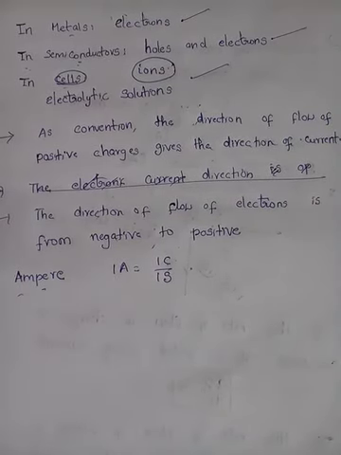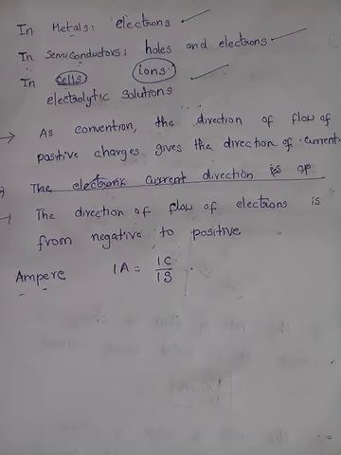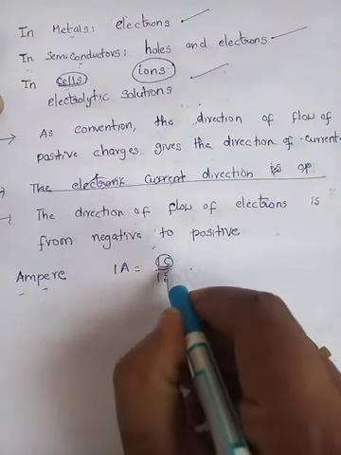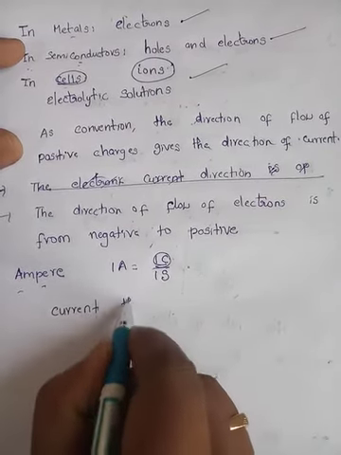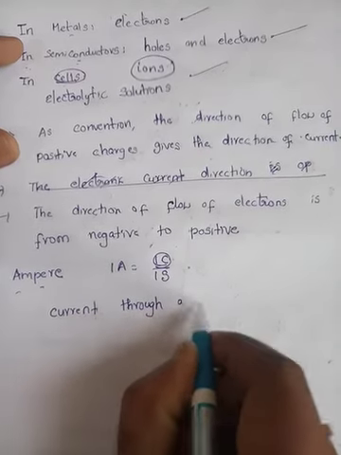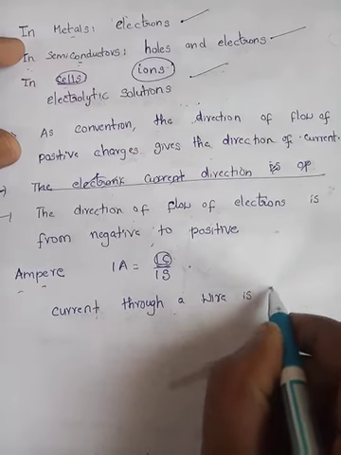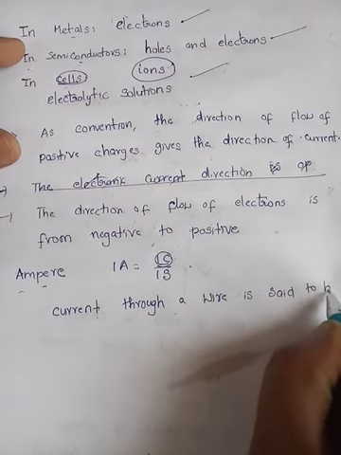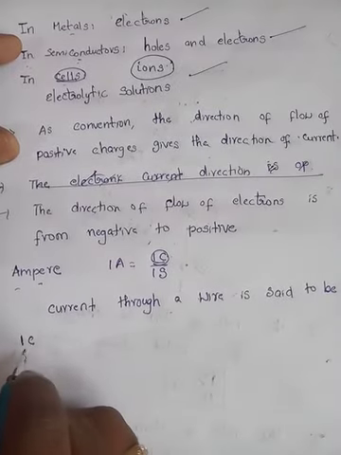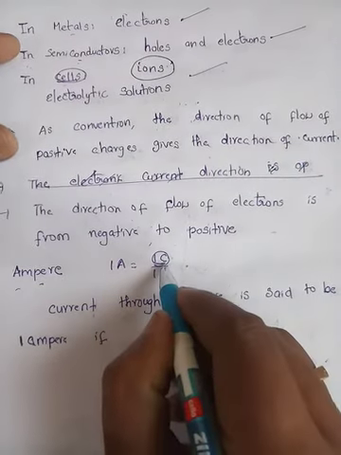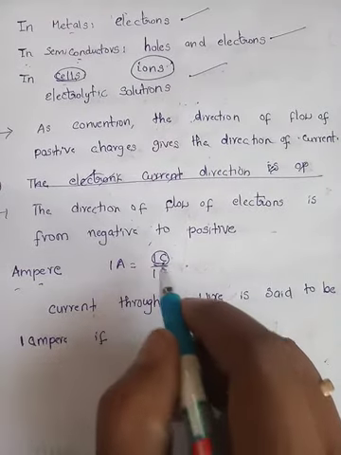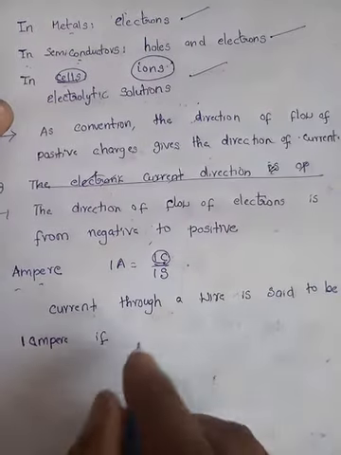We can define this as: current through a wire is said to be 1 ampere if a charge of 1 coulomb flows through any cross section of the wire in 1 second.